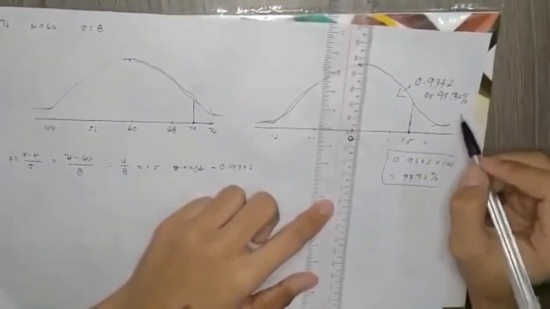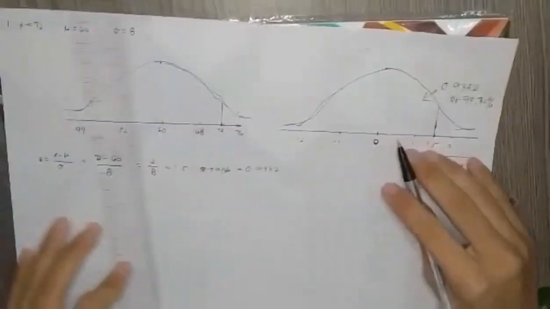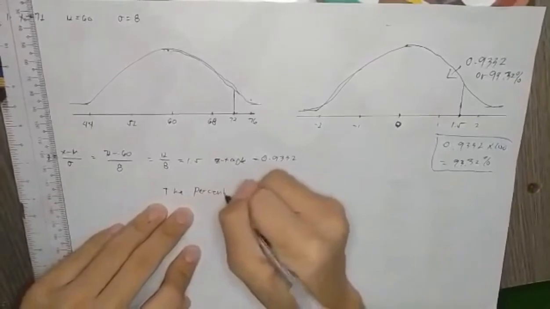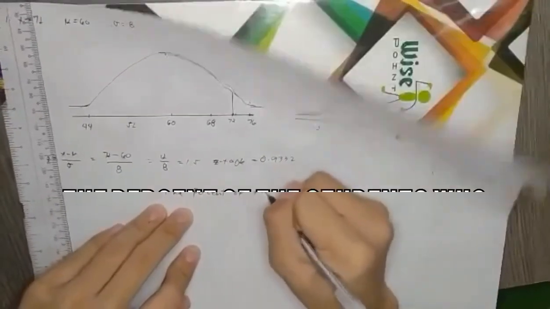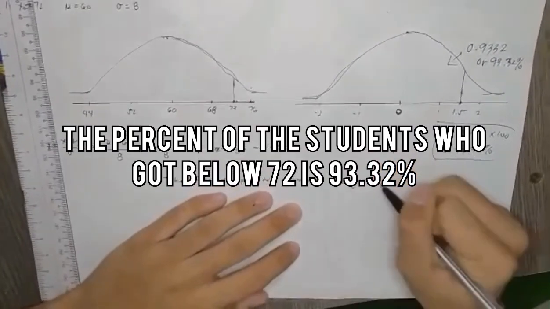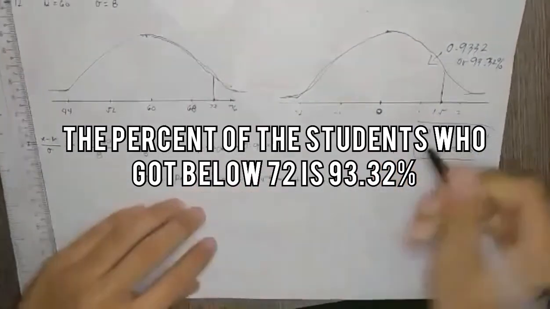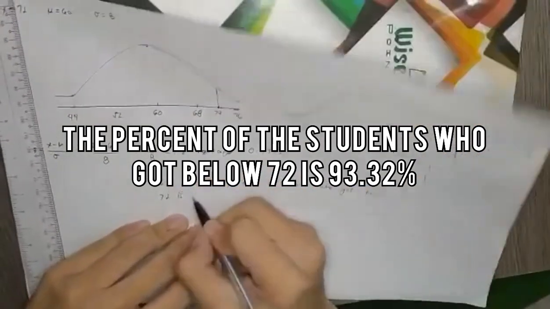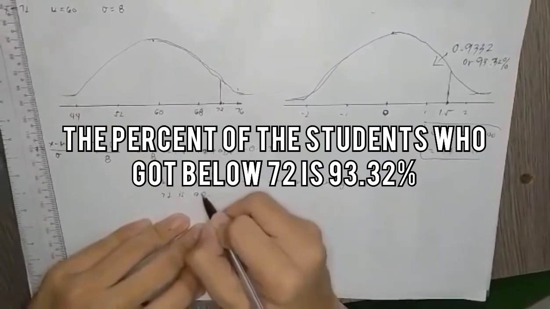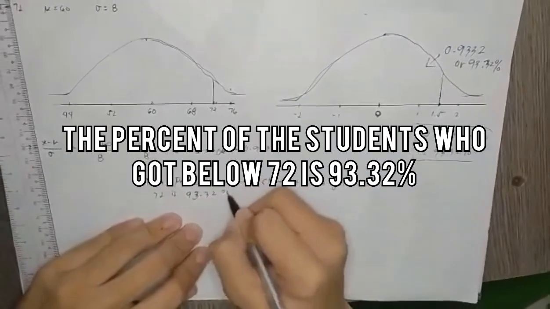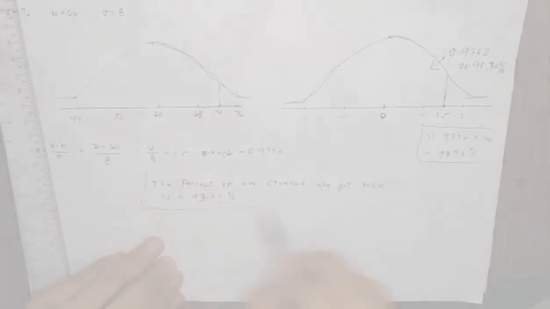So that's how you get the percent. So I can say that the percent of the students who got below 72 is 93.32%. So that's how to get the percent.